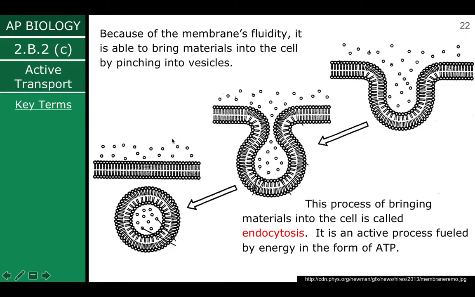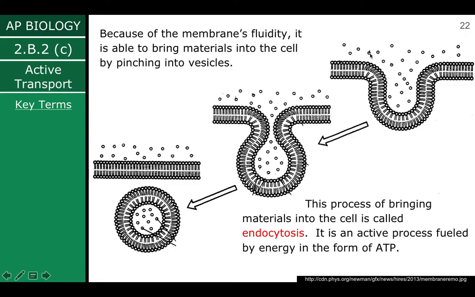So here's an example. This is showing exocytosis. You have our vesicle here that has the phospholipid bilayer and whatever particles are on the inside. And what's going to happen is that it's actually, we're showing it the opposite way.